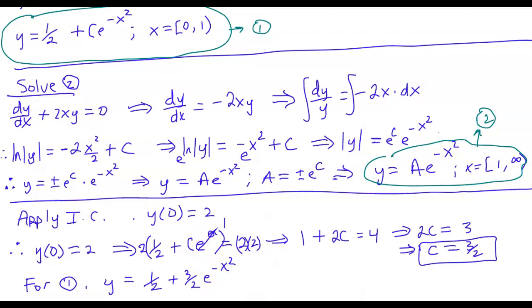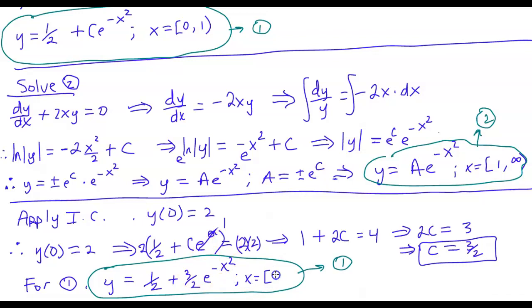And so that will be our updated function for what part 1 is going to be. And of course, again, this is for values of x that are in between 0 and 1, including 0, excluding 1.